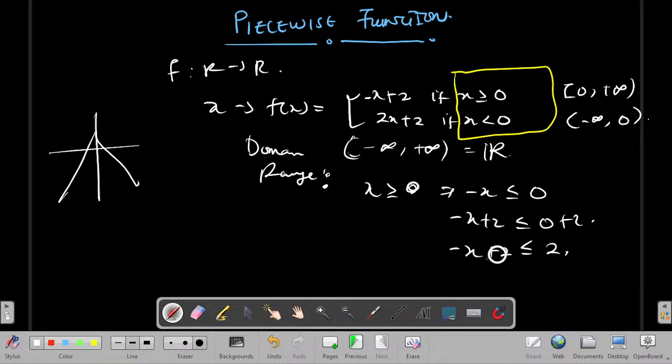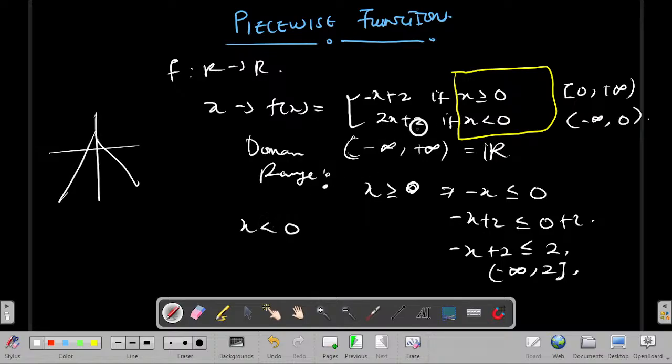So we can clearly see that negative x plus 2 will give an output which is less than or equal to 2. So we say that from negative infinity to 2. We come again for the second part. I have x less than 0.